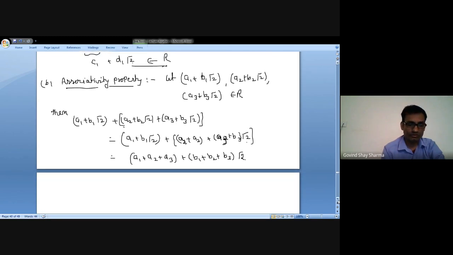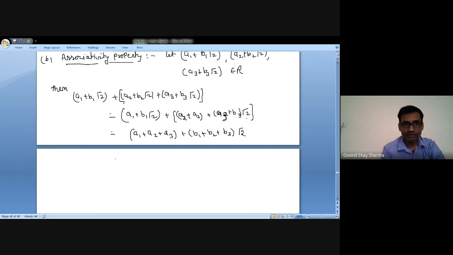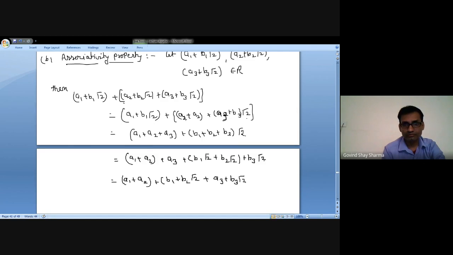We can segregate this as A1 plus A2 plus A3, and B1 root 2, B2 root 2. So A1 plus A2 plus B1 plus B2 plus A3, B3 root 2.